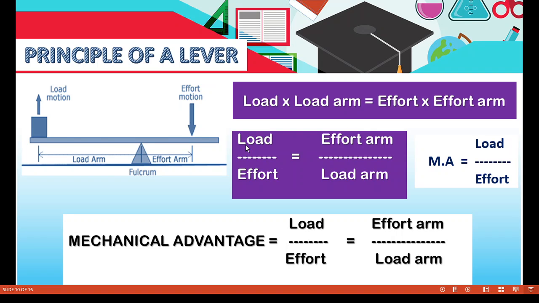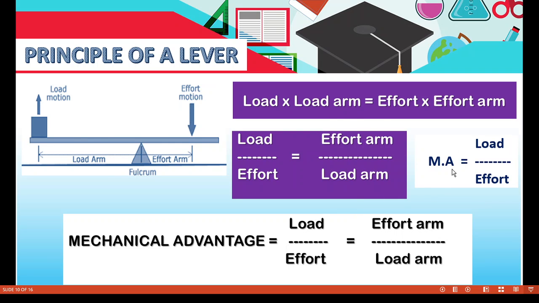So this one is a numerator and this one is a denominator. So load by effort equals effort arm by load arm. When the load arm on the left hand side comes to the right hand side, it comes as a denominator. So this equation can be modified as load by effort equals effort arm by load arm.